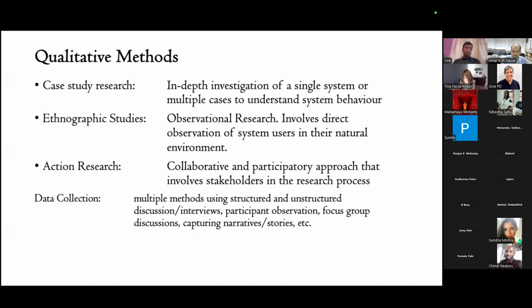The second is ethnographic studies. As Professor Amar was talking about grounded theory and ethnographic studies, there is a difference there. Grounded theory applies where you don't have significant literature, and the researcher is observing a phenomenon and trying to understand it, collecting data, analyzing, then reviewing literature.